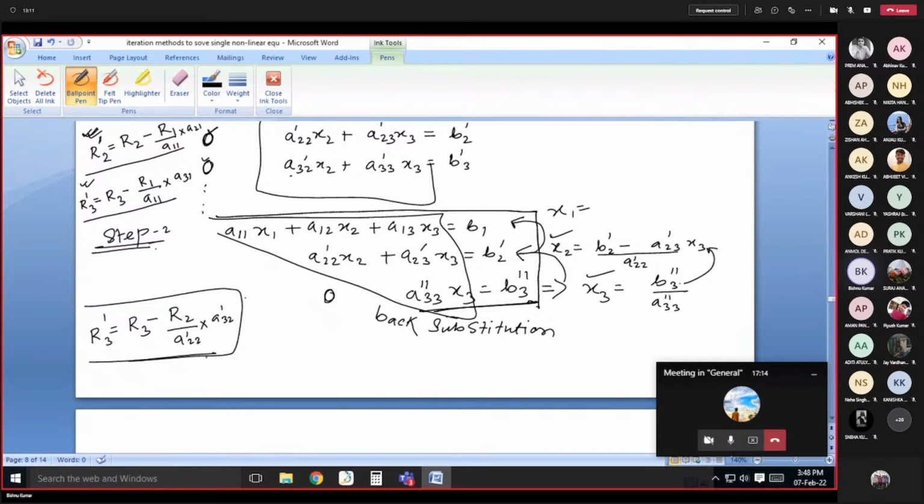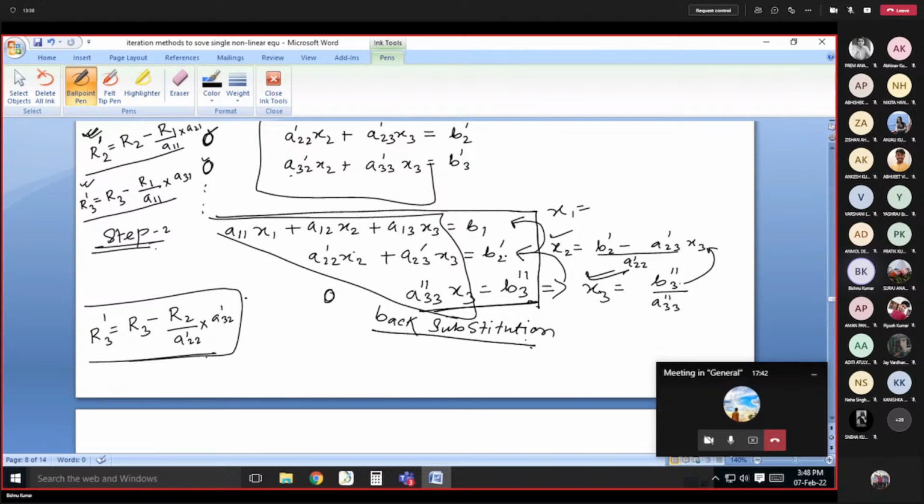You don't have the remaining variables. So from the last equation, the last variable comes out. After getting that value, use it in the second last equation, and you will get x2. So x2 and x3 are clear. Use them in the first equation, and you will get x1. So the process is that you are getting the values from the last side, and that is why this is back substitution.